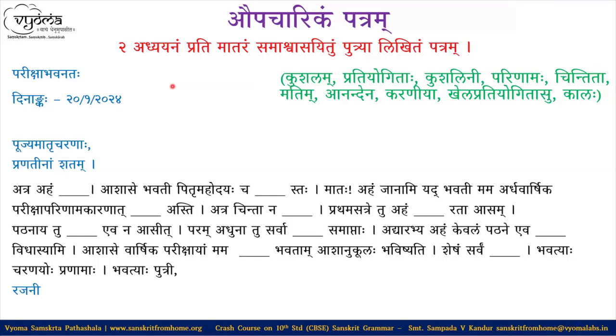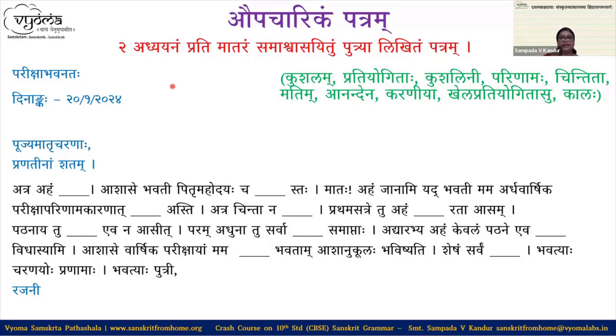Karaniya. Atra chintana karaniya. Prathama satre tu aham dash rata asam. What will come there? Karaniya is done, no? Atra chintana karaniya. Prathama satre tu aham dash rata asam. Rata means she was busy somewhere.